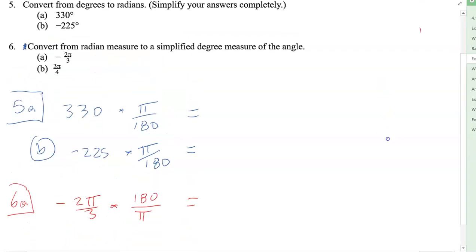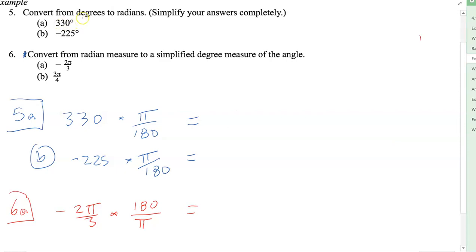First example: we're trying to convert 330 degrees to radians. So from what we know about converting from degrees to radians, we multiply by pi over 180. So let us do it. 330 times pi over 180, we can either just put that in the calculator, or we can simplify this, and when we simplify it, we get 11 pi over 6. 11 pi over 6.